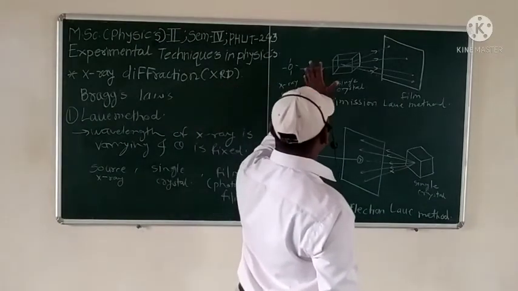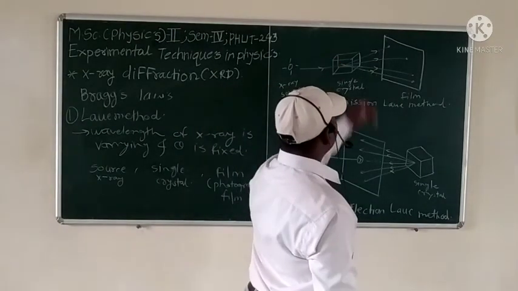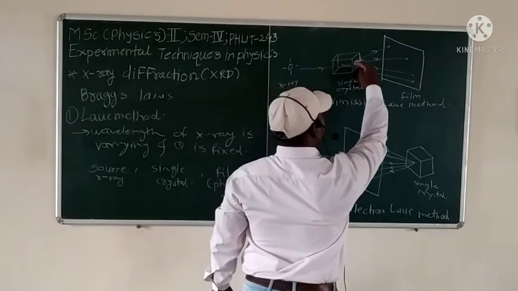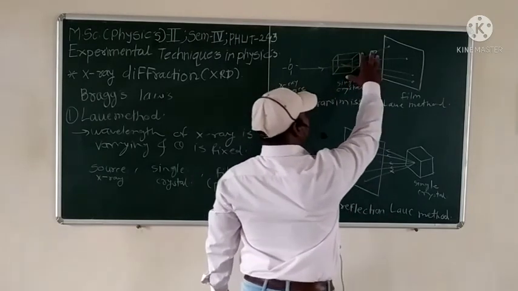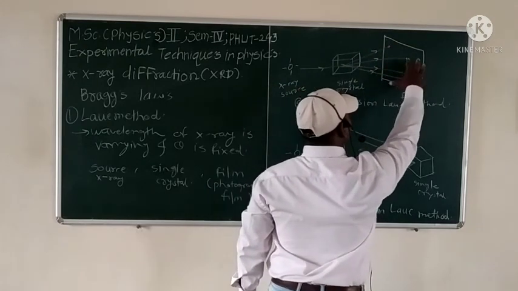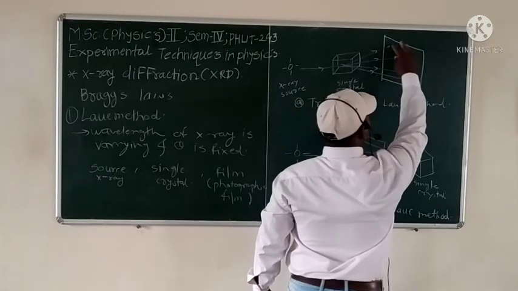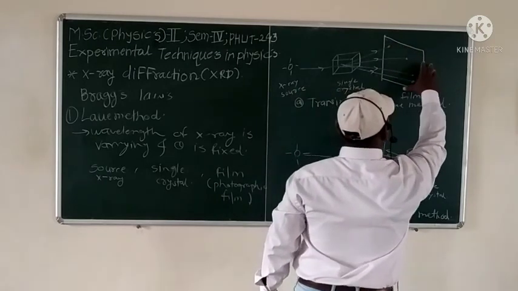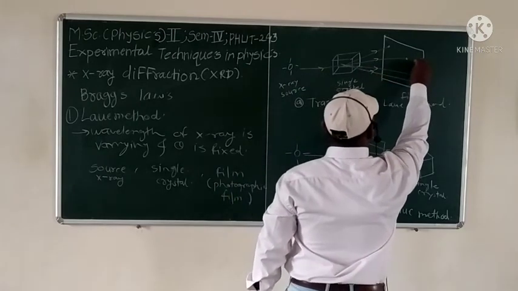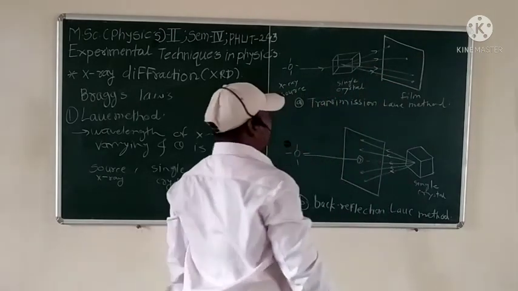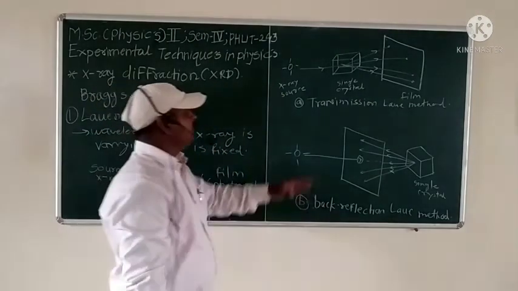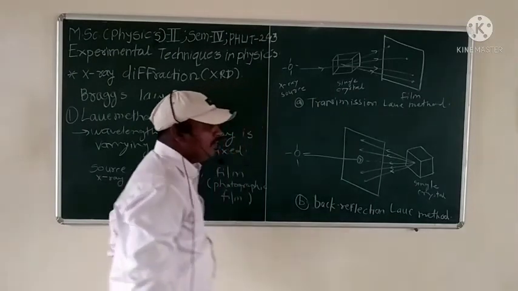Due to these atoms, the X-rays get diffracted at each plane, in all directions, and this diffracted X-ray beam we focus on the photographic film.